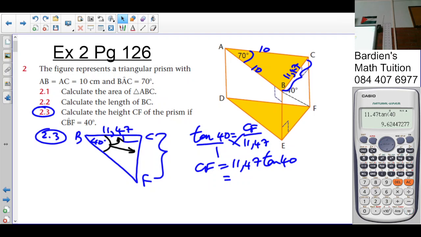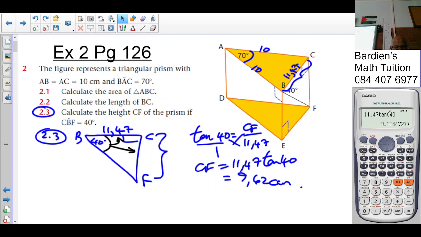That gives us 9,62 centimeters, as they're referring to the units there to be centimeters. Okay, the sum is worth probably 4, 7, 8 marks. That was number 2.